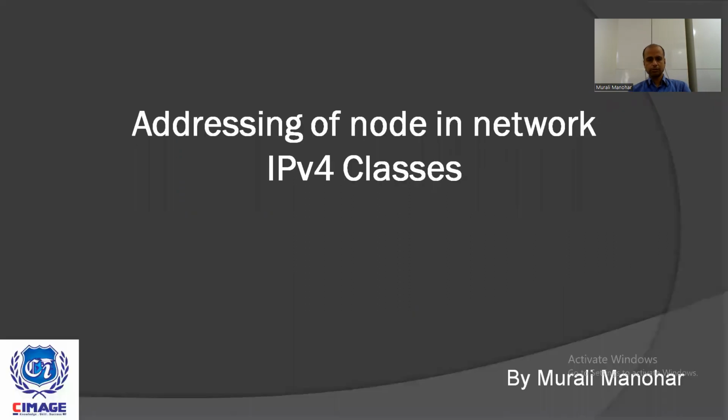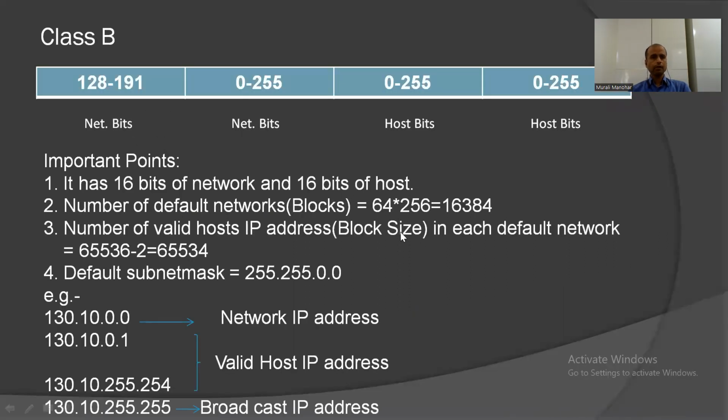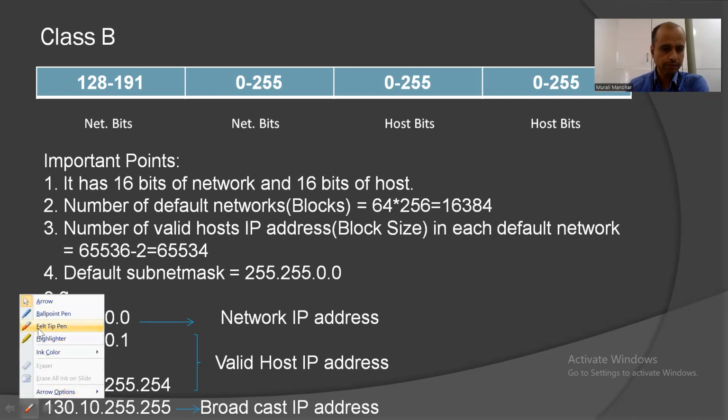Okay, so just see. As we have seen, in class A only the first part is used as a network part, and the rest three parts are used as a host part. But in class B, I'm just going to annotate.